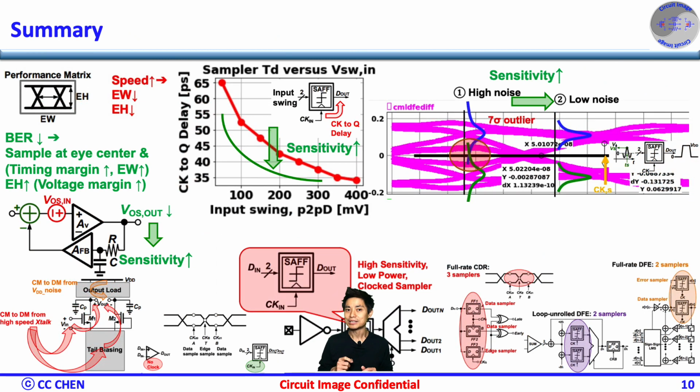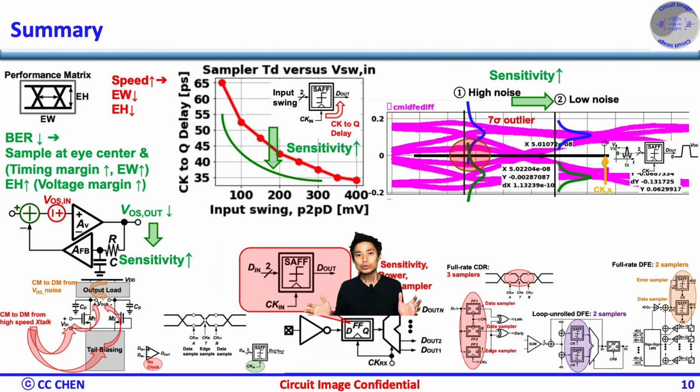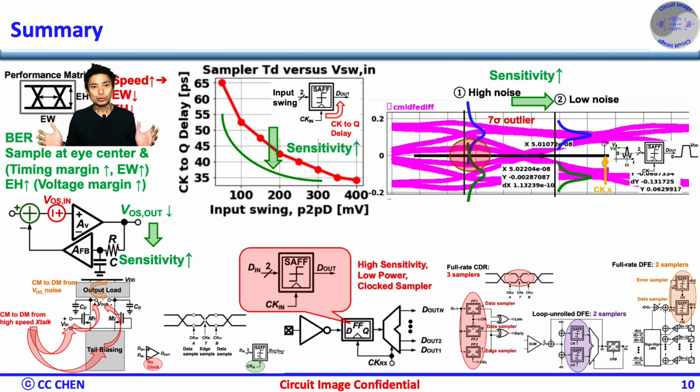Here is the summarized image of why we need a high sensitivity and low power clock sampler, which is the heart of the receiver, since it dominates the bit error rate in a high-speed SerDes. To achieve a very low bit error rate, we must sample the data at the center of the eye with an input swing as large as possible.